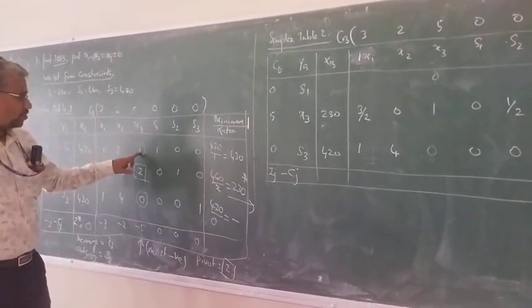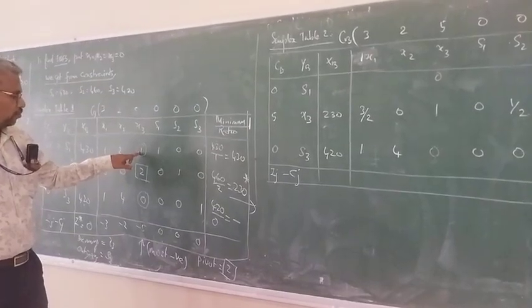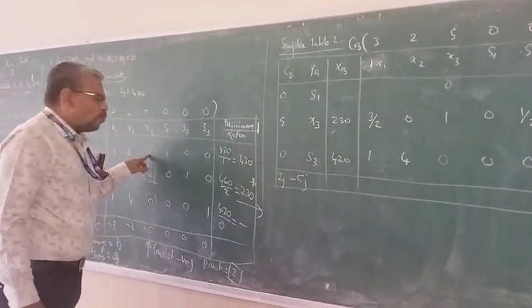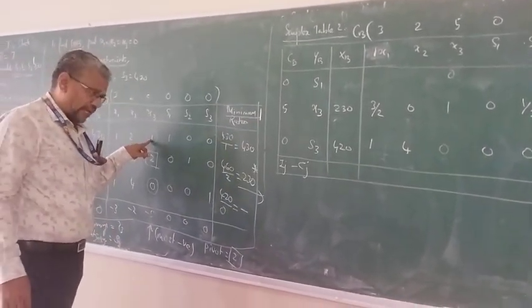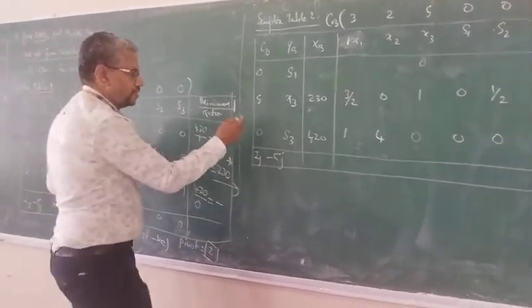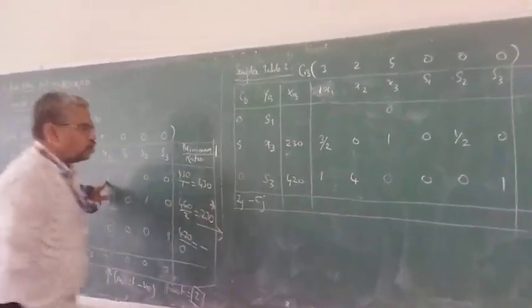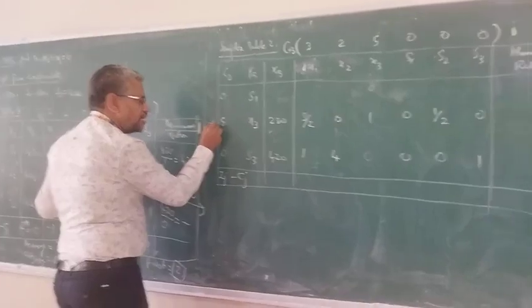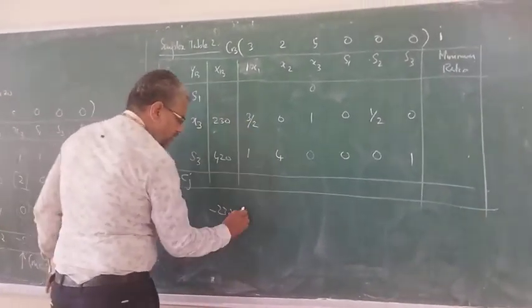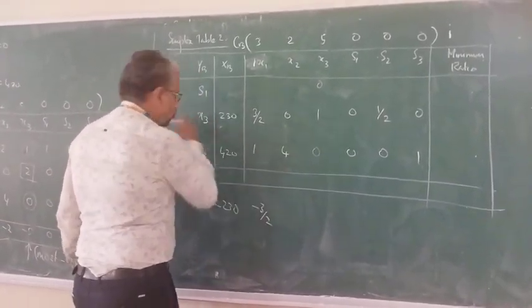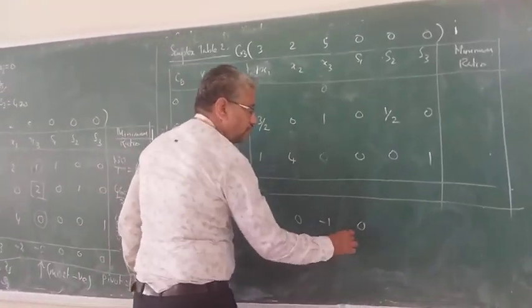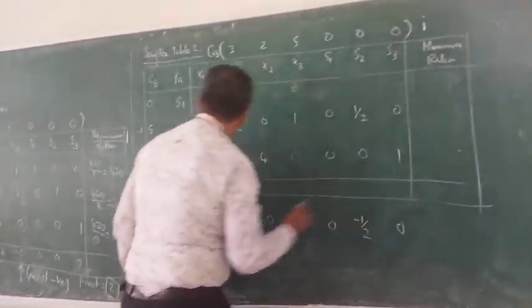But now I am going to change this 1 into 0. So I will give you a small tip: whatever the number over here, you just take the opposite number and multiply with that. For example, here 1 is there. You will have to take the opposite number, minus 1. Multiply with that. So minus 230, minus 3 by 2, minus 0, minus 1, 0, minus 1 by 2, 0.